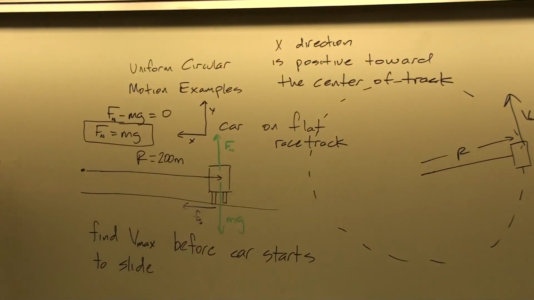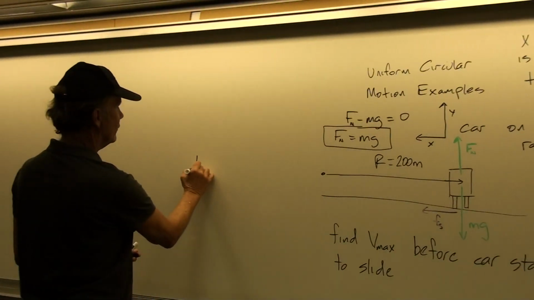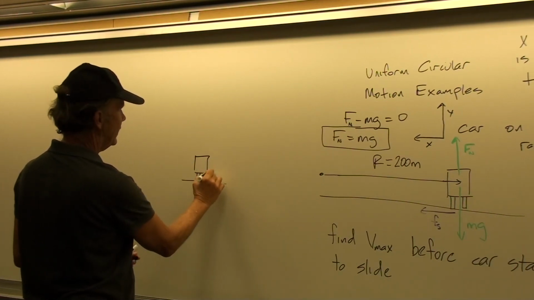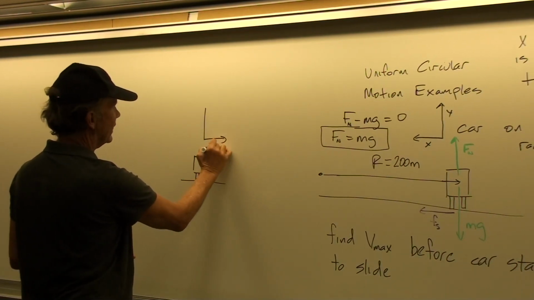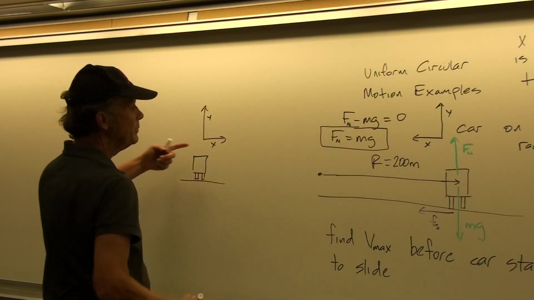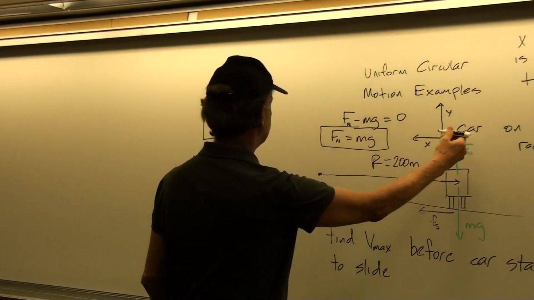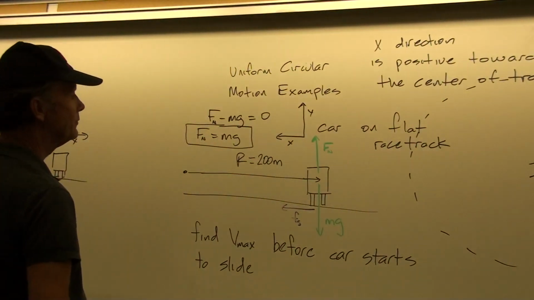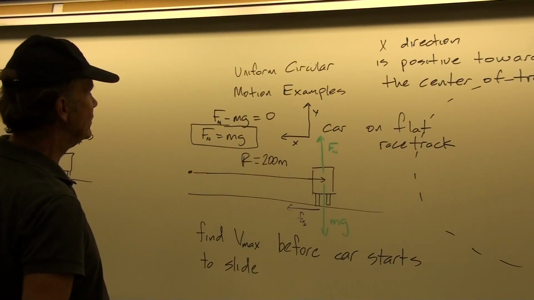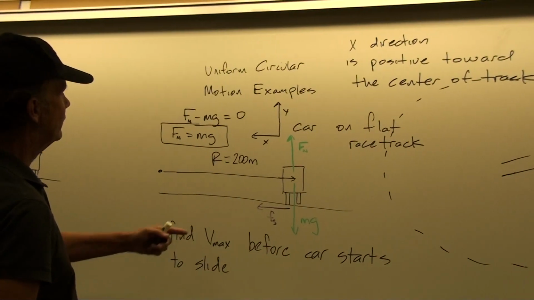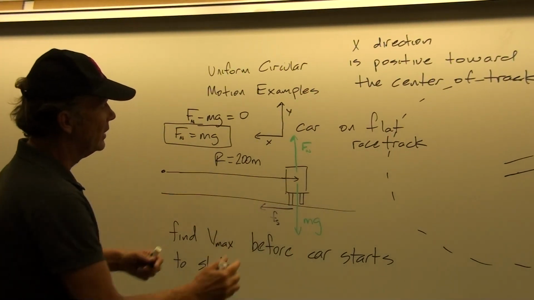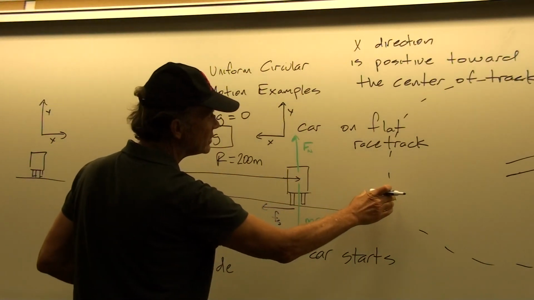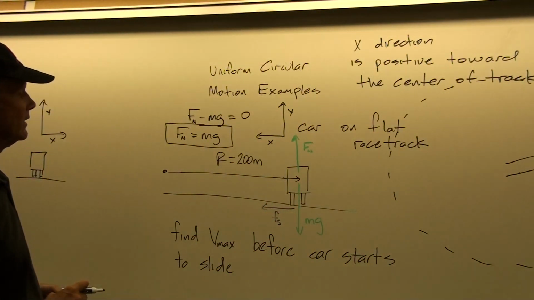I could have set up the problem with the car over on this side, coming out at us, but my x direction would still be pointed toward the center. The x direction is plus toward the center, and that's the direction of the static friction force, because if the car gets going too fast, it's going to start to slide away from the track.